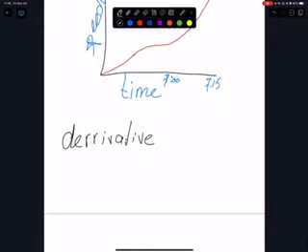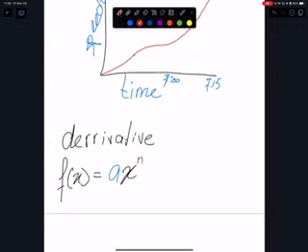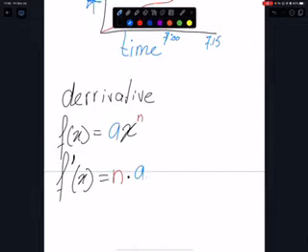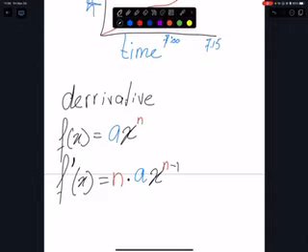What is the derivative? The derivative states, if f(x) is ax to the n, the derivative function, or f accent, f apostrophe, is n times a multiplied by x to the power of n minus 1.